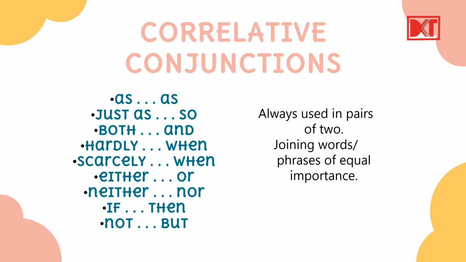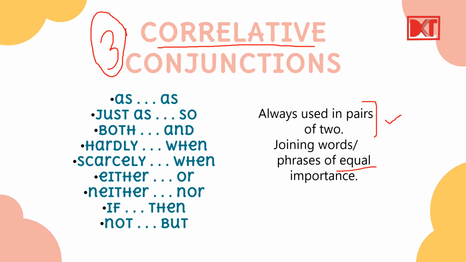So the third category of conjunctions we have are correlative conjunctions. Correlative conjunctions क्या हैं? नाम से क्या पता चल रहा है हमें कि एक दूसरे से relate करते हैं. So they are always used in pairs of two. All right, and they join words or phrases of equal importance.